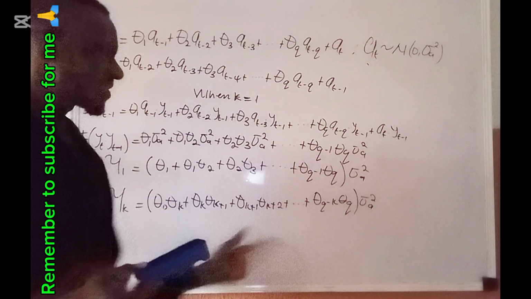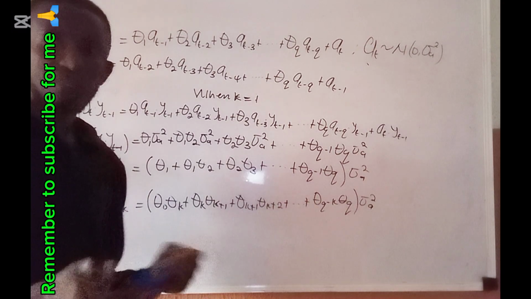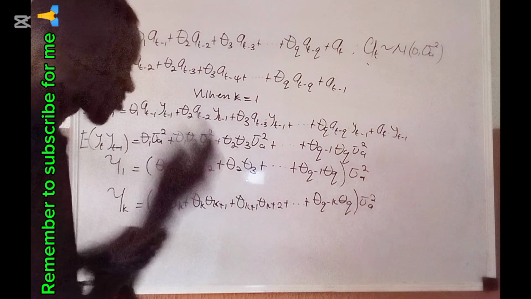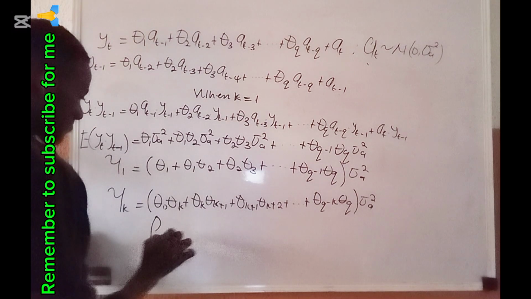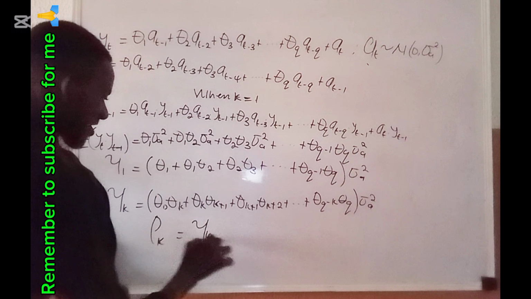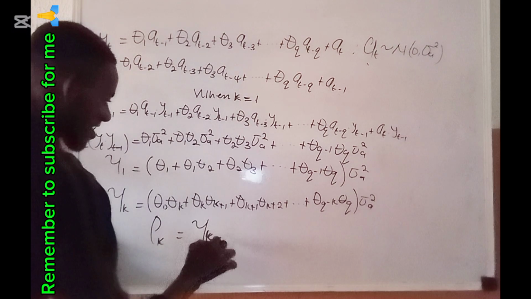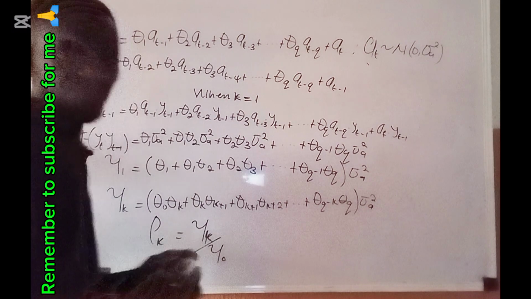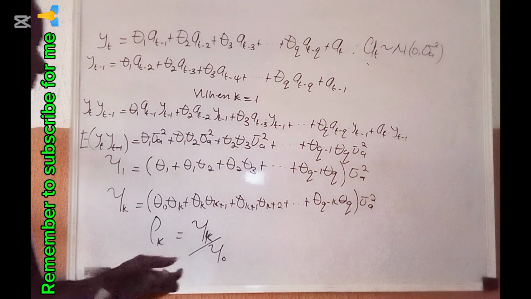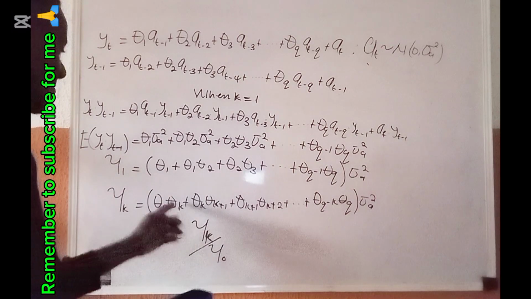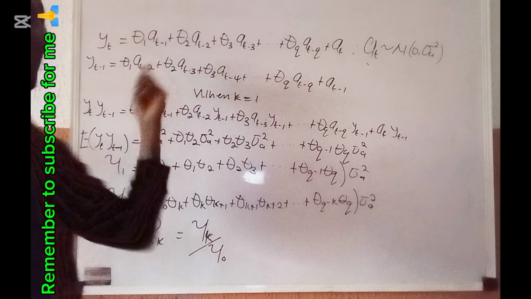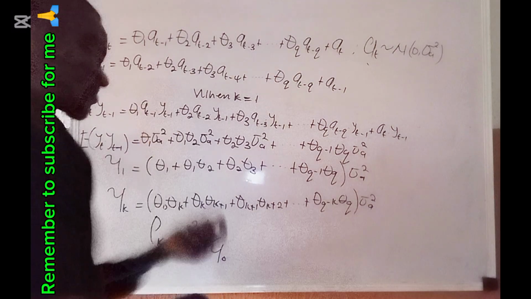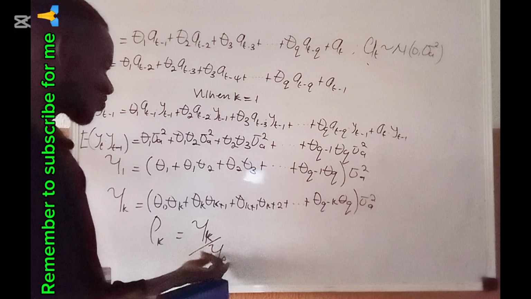Getting the autocorrelation is not difficult because, of course, the autocorrelation rho k is given as gamma k all over gamma 0. And of course, we know that our gamma k is given as this. And our gamma 0 was the variance that we had earlier. So it is going to be this quantity all over this quantity.